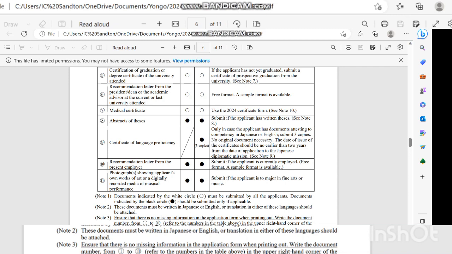Then certificate of language proficiency. In my case, my university offers that and you can purchase it. If you have other language certificates like IELTS or TOEIC, if I'm not mistaken, they're usually offered by the British Council. Here in Zambia, they're offered by the British Council.